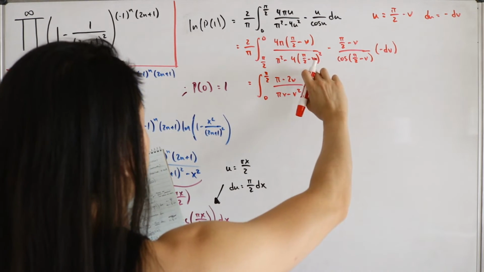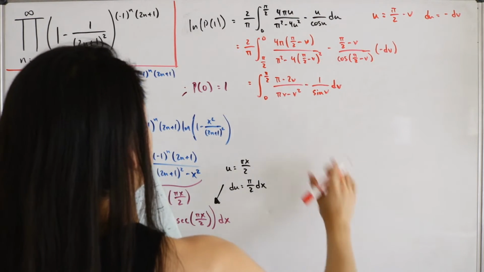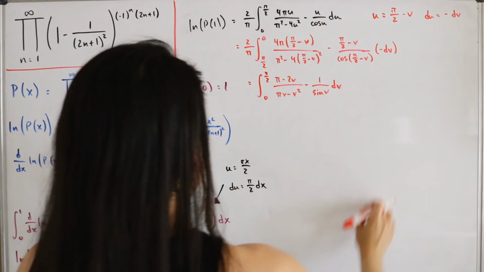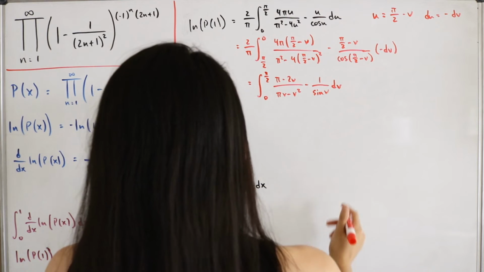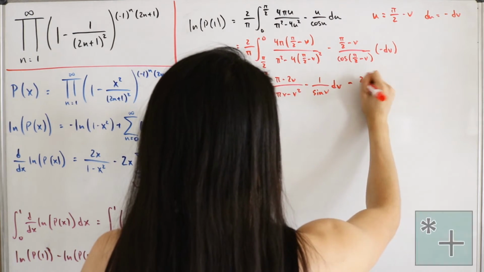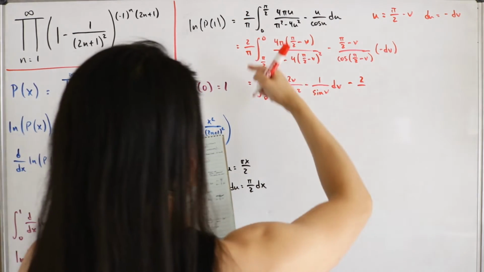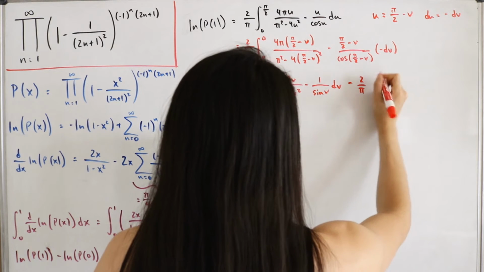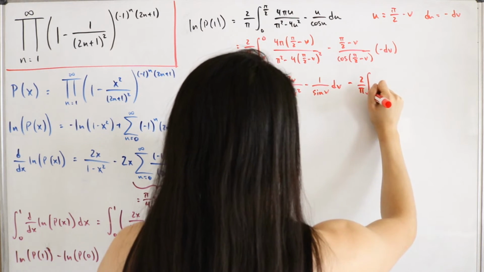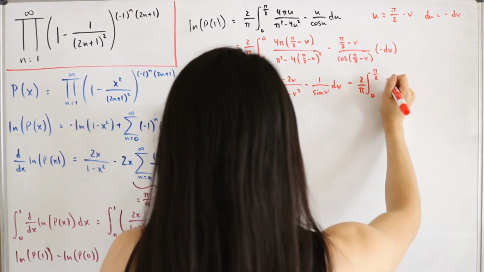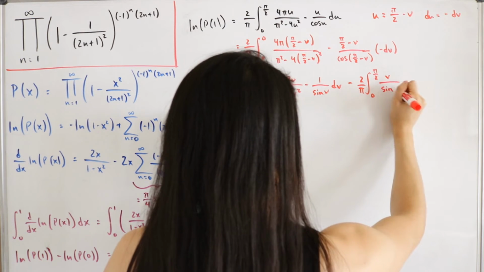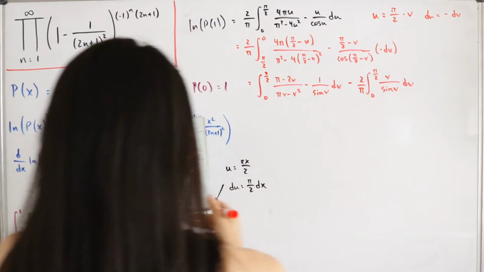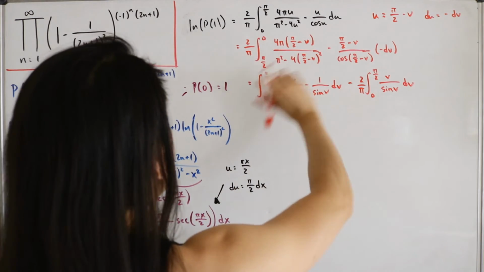And then the last thing is, again, the whole linearity spiel going on. So we still have a v and then divided by this whole thing over here. So that means we're going to be left with minus, and it's still associated with the 2 divided by pi, so don't forget about that. So minus 2 divided by pi times the integral from 0 to pi divided by 2 of v divided by sine of v dv. Okay, so there's a whole lot of things going on, a whole lot of cleaning.